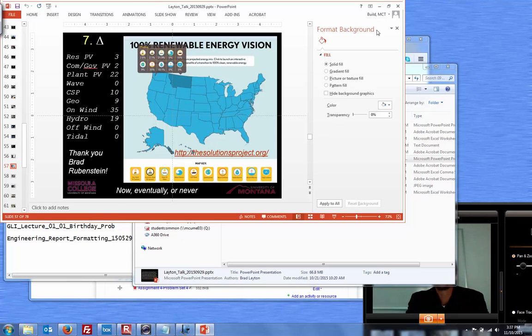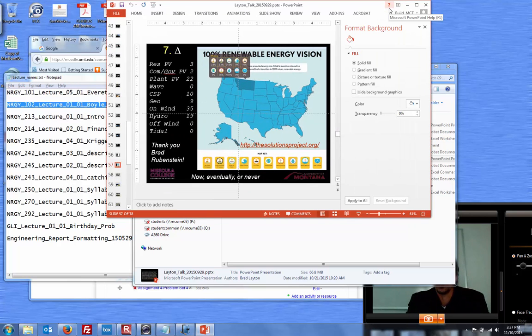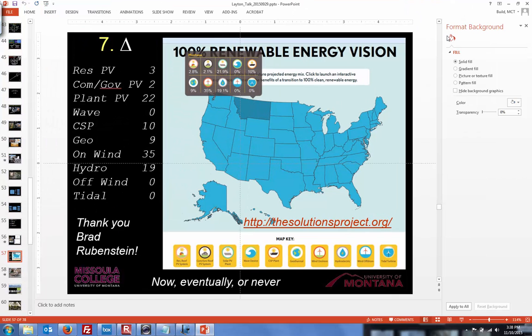Okay, so again, I don't know a tremendous amount about this particular organization, but this so-called Solutions Project has gone through and made an attempt anyway to optimize, if you will, the 100% renewable energy profiles on a state-by-state basis.